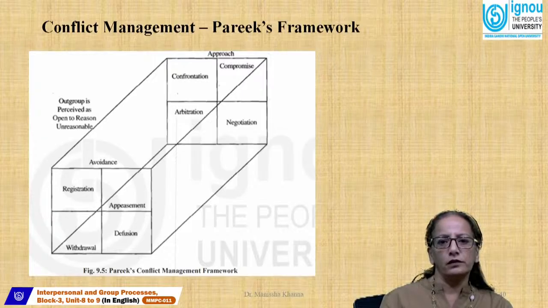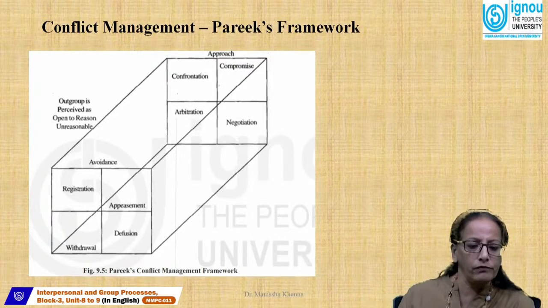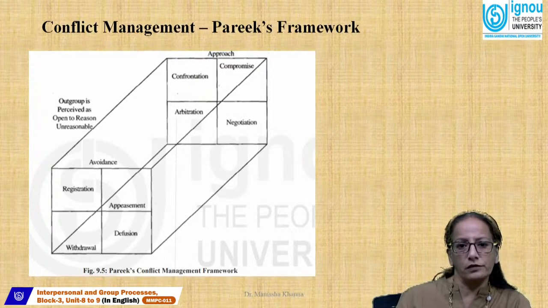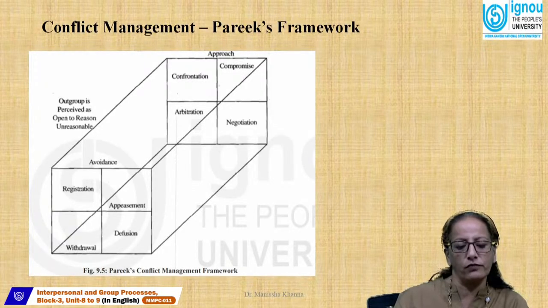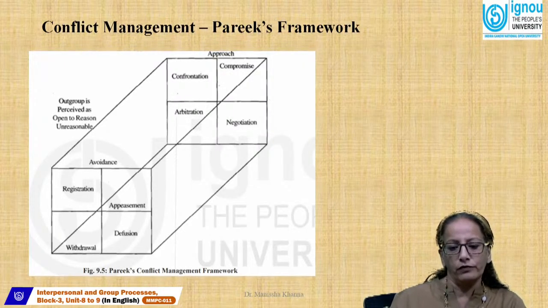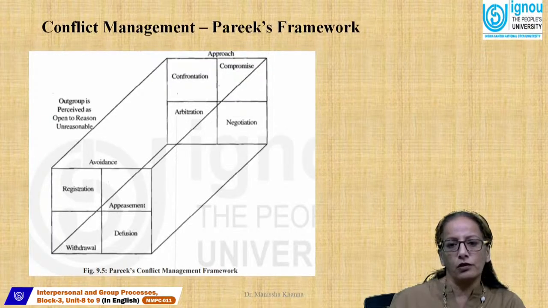There is another Parekh's framework given on conflict management. Here the framework is about the avoidance, the front end avoidance, that is resignation or appeasement or withdrawal or definition of the conflicts as they appear to be, whereas the approaches which relate with all these can be confrontation, compromise, arbitration, and negotiation.